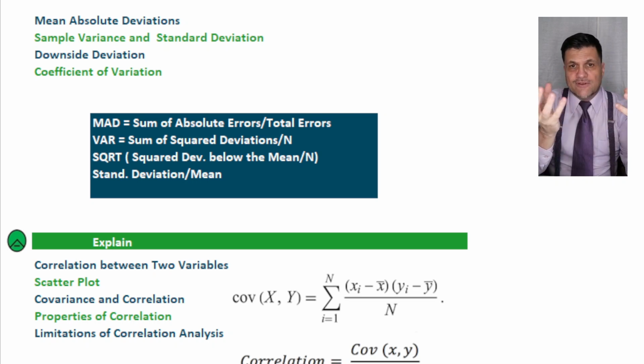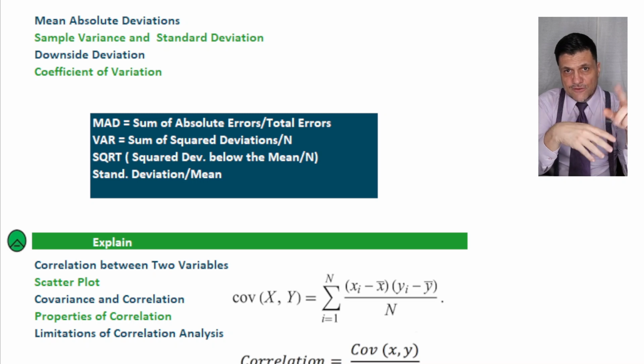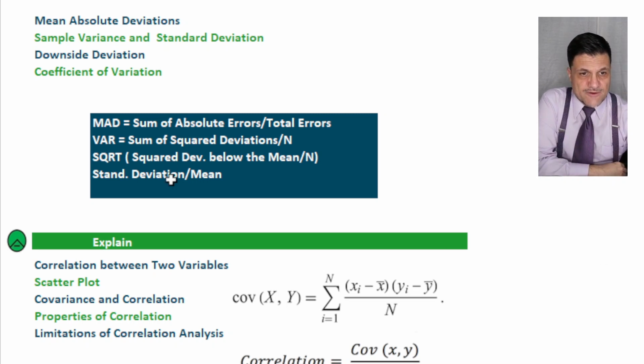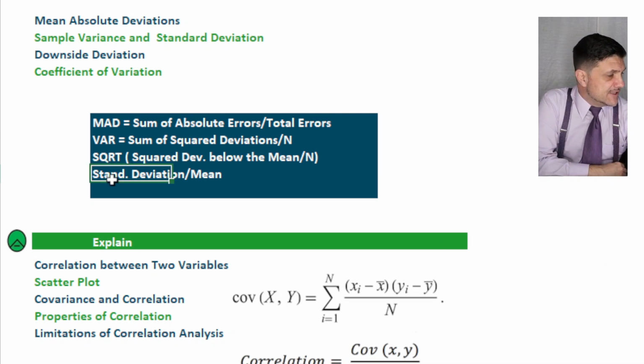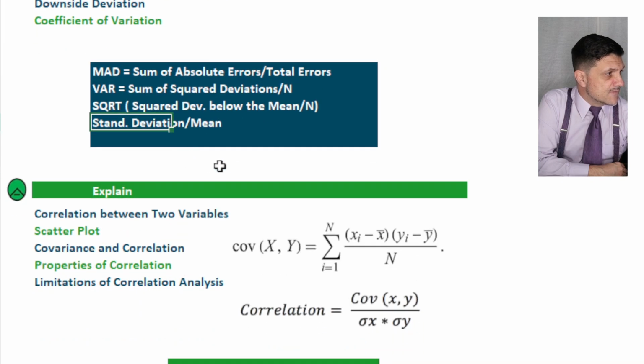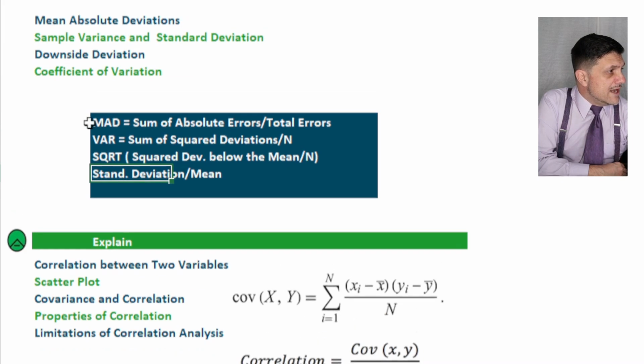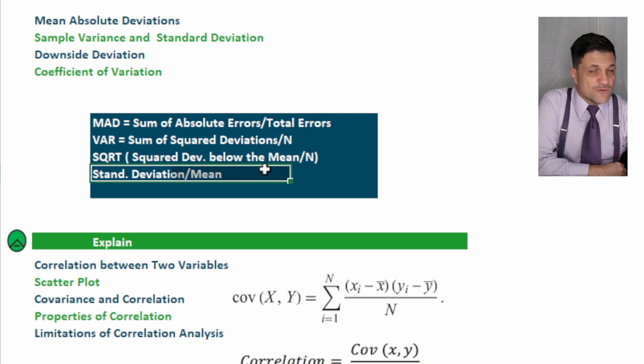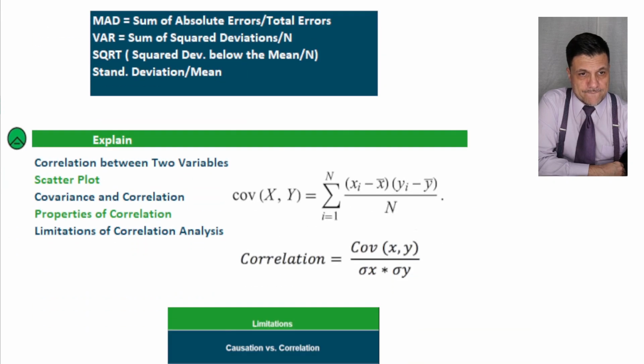Then you take the square root and you have your standard deviation. What is the standard deviation divided by the mean? The last one, the coefficient of variation. So put that definition in your pocket: the coefficient of variation equals the standard deviation divided by the mean.